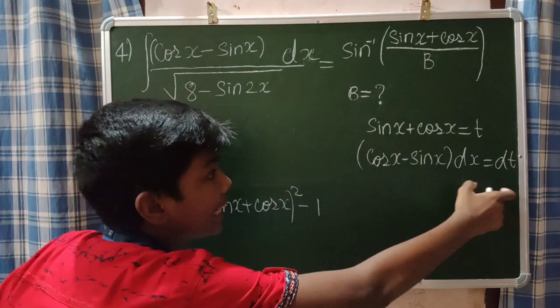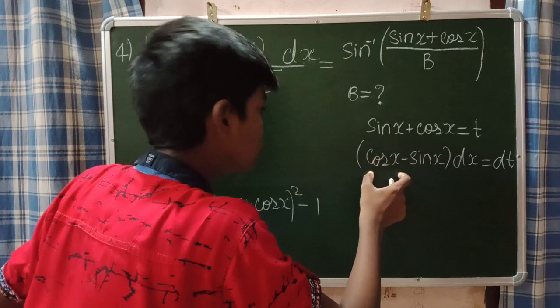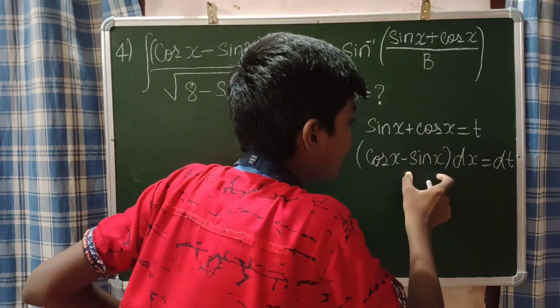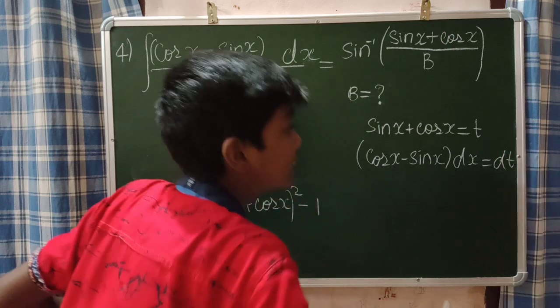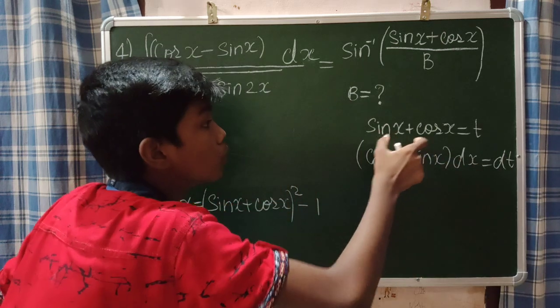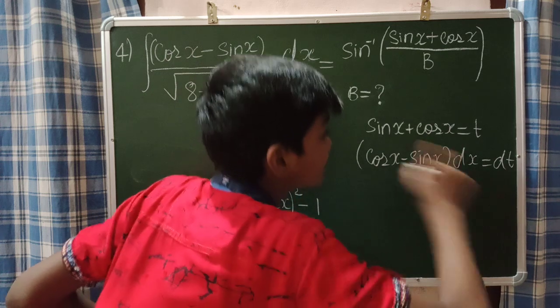Because dt is the differentiation of t. So differentiation of sin x is cos x, and differentiation of cos x is minus sin x, then dx, and that will be dt. Very basic concept, guys.